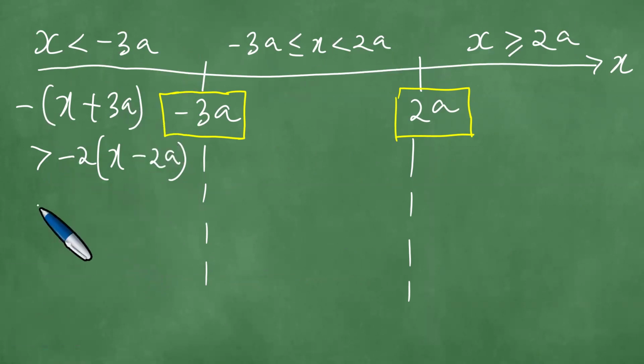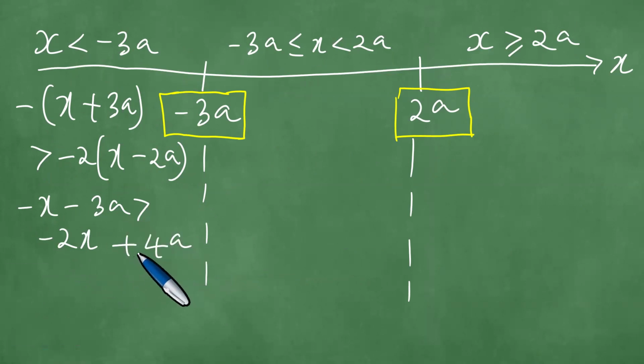By distribution, we have minus x minus 3a is strictly bigger than minus 2x plus 4a. Bringing the minus 2x to the other side makes it x. So if we simplify everything, it becomes x is bigger than 7a.